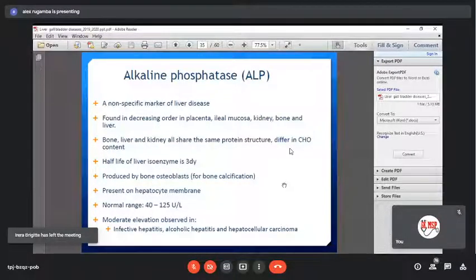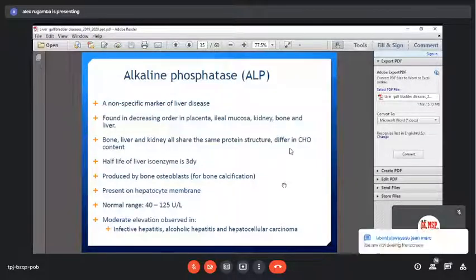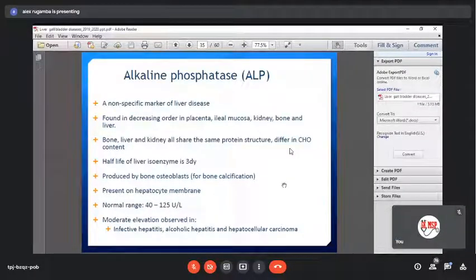It has a half-life of 3 days, and the normal range is between 40 to 125 units per liter. Moderate elevation of this is observed in infection, alcoholic hepatitis and hepatocellular carcinoma.